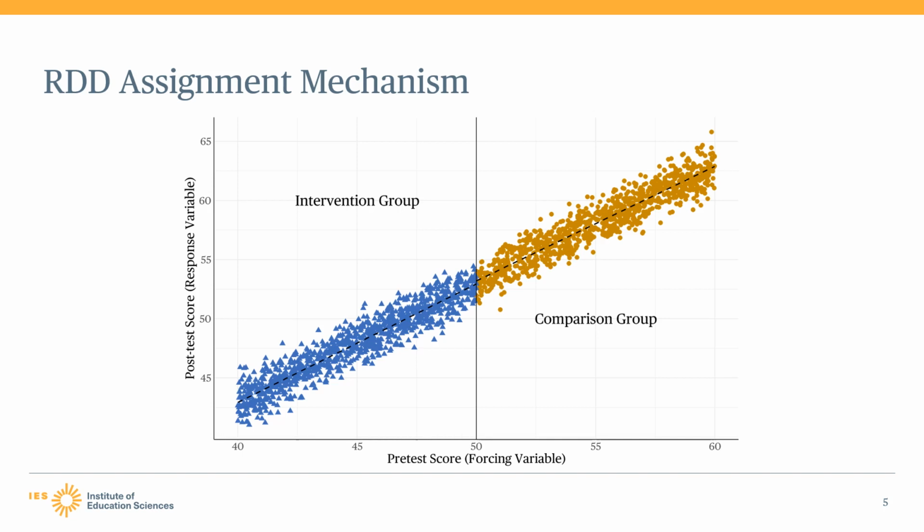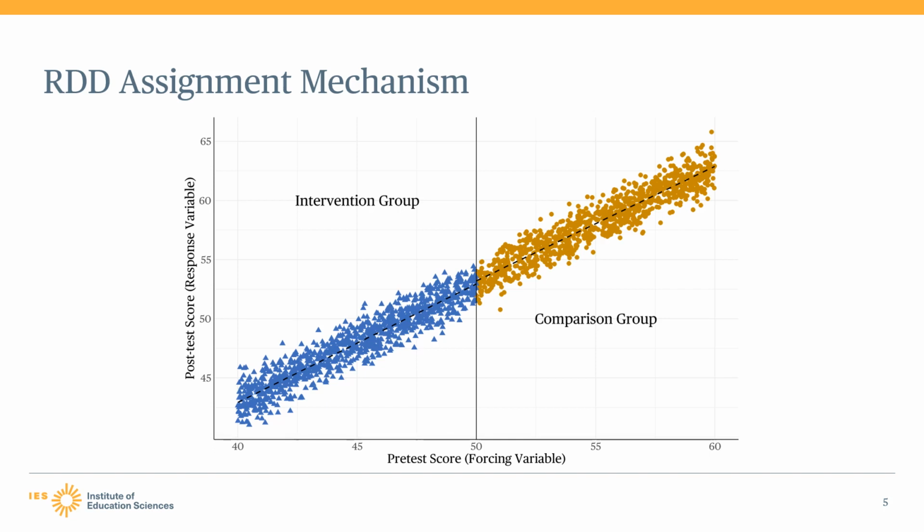Here, the forcing variable used to assign individuals to conditions was a math achievement test administered at baseline, and let's say the researchers selected a cutoff value of 50 on that forcing variable, meaning that any students who scored at or below 50 on the pretest assessment are assigned to receive the remedial mathematics intervention supports.